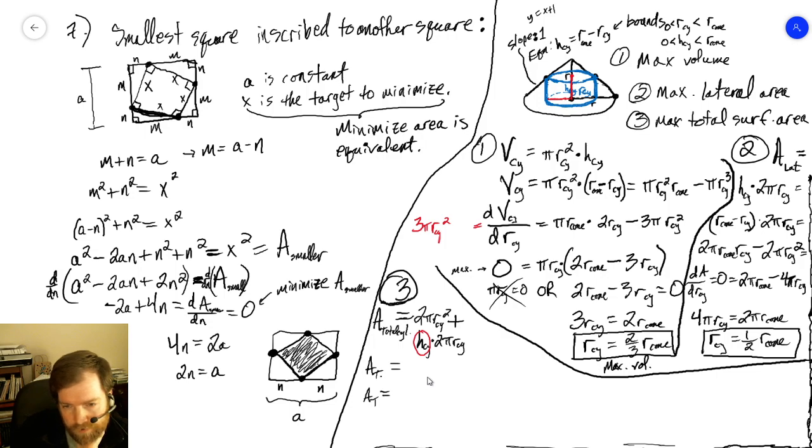Alright, so we could try reversing this and making it r cone minus height of the cylinder equals the radius of the cylinder. I don't think this is going to change anything, because algebraically, they're going to be the same.